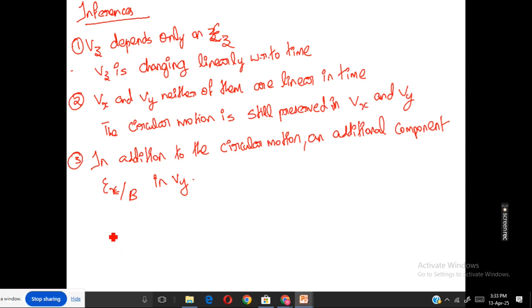So Vx and Vy are making the particle execute circular motion, but this circular motion is superimposed by another component of velocity, which is Ex by B. This is known as the drift velocity.